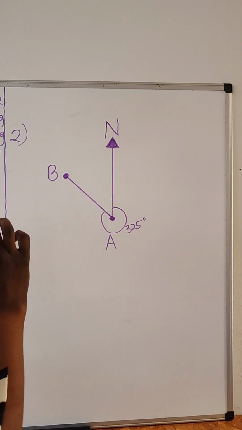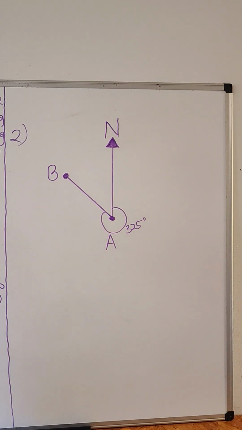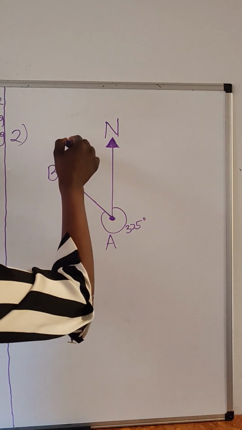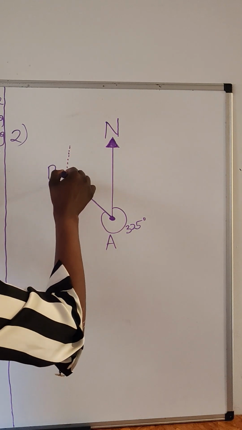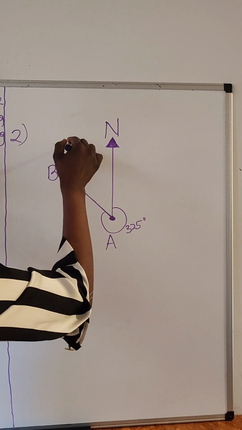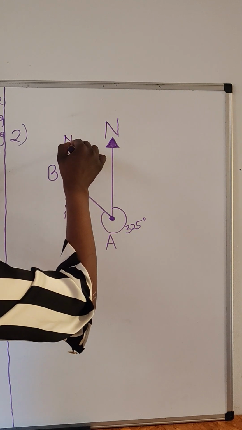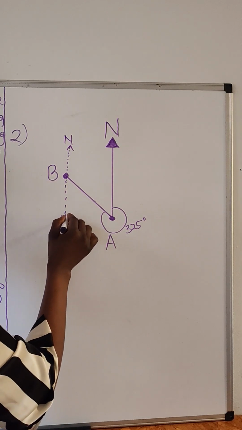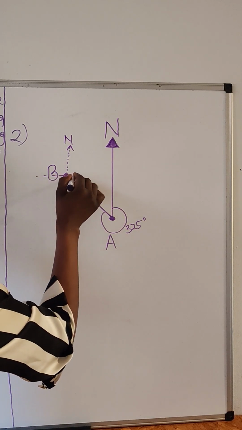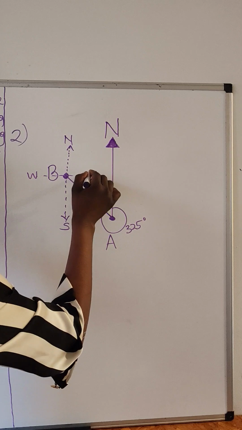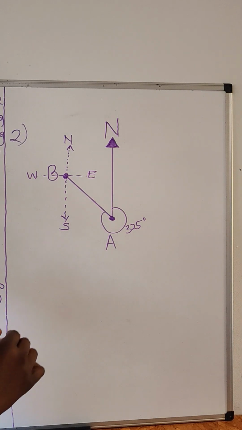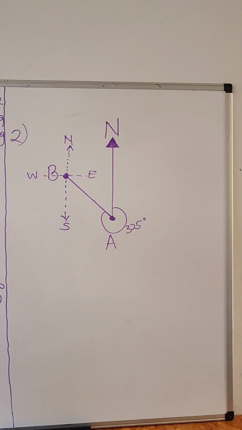Now I want to calculate the bearing from B to A. So let's start by sketching the four cardinal points where we have the north here, south, west, east. And you know, in bearing, you move from north in a clockwise direction.